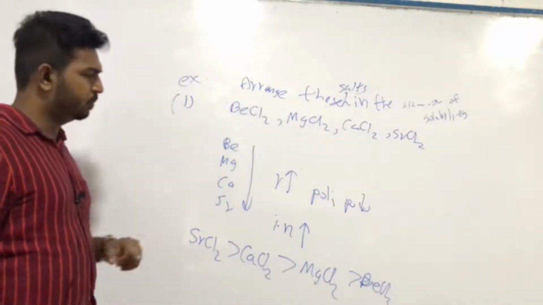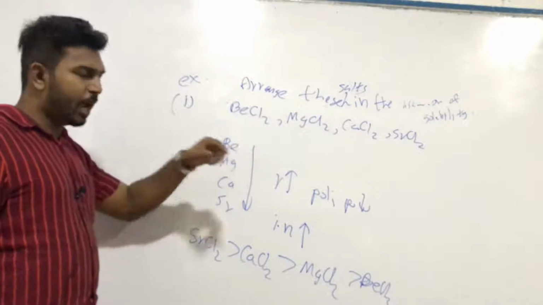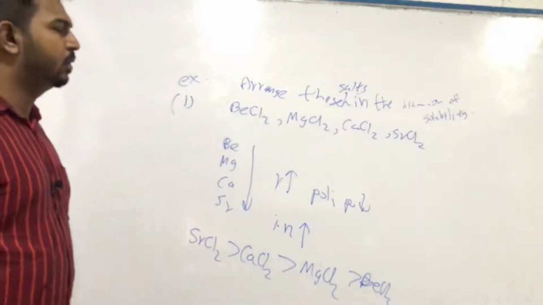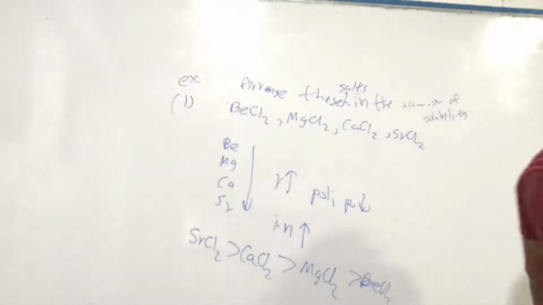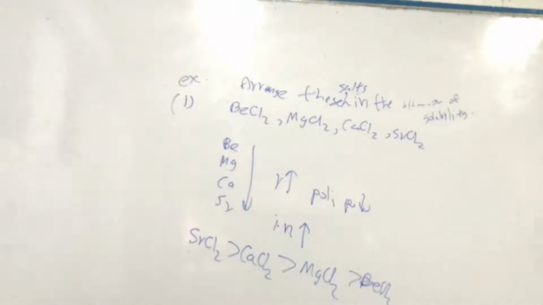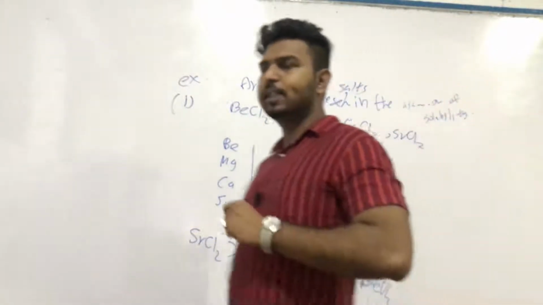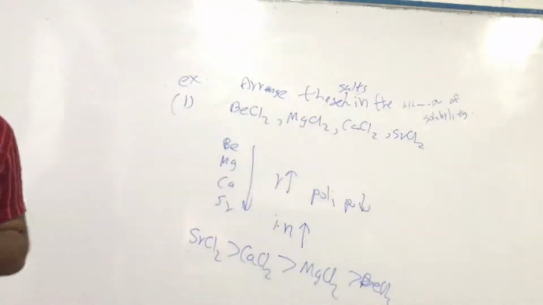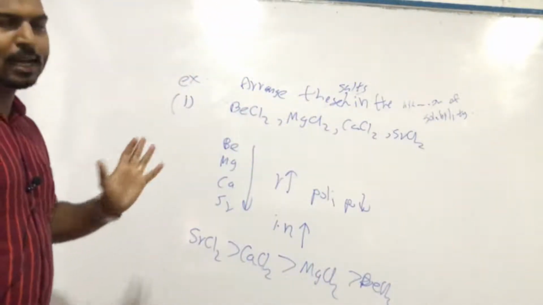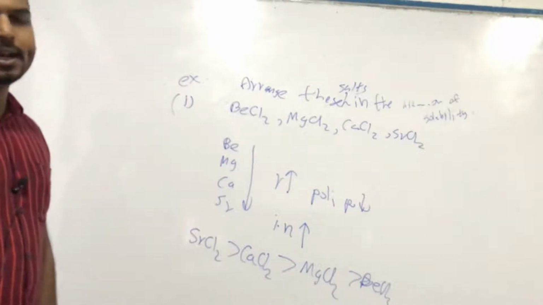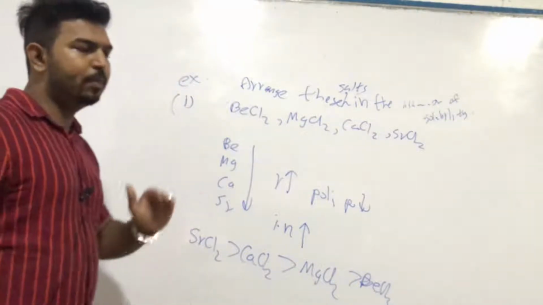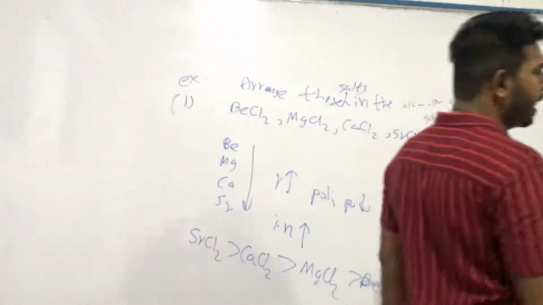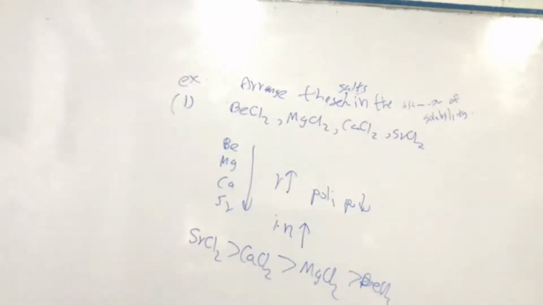Only these atoms, and we write: downwards the group, the radius of the cations increases.